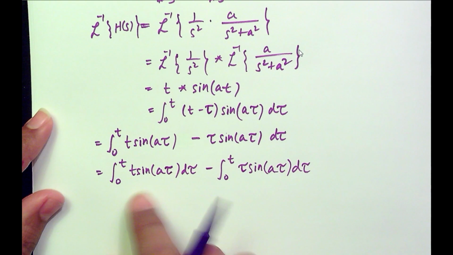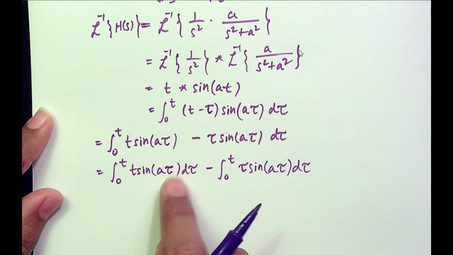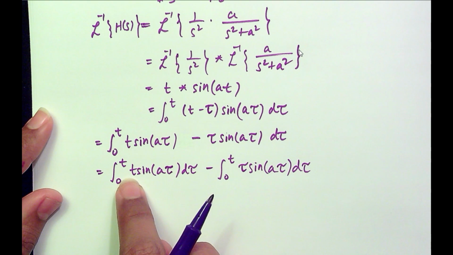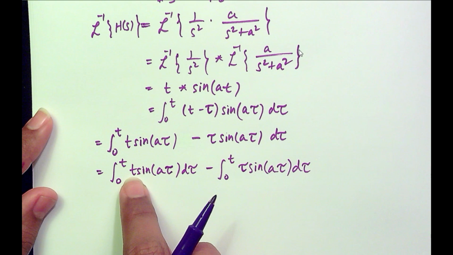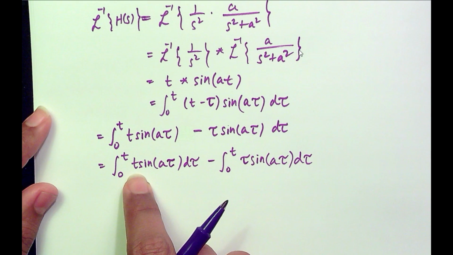Now in this integral right here, I'm integrating with respect to tau. So tau is the variable, which means everything else is a constant for the purpose of computing the integral. That means t in particular is also a constant, so I can pull it out.